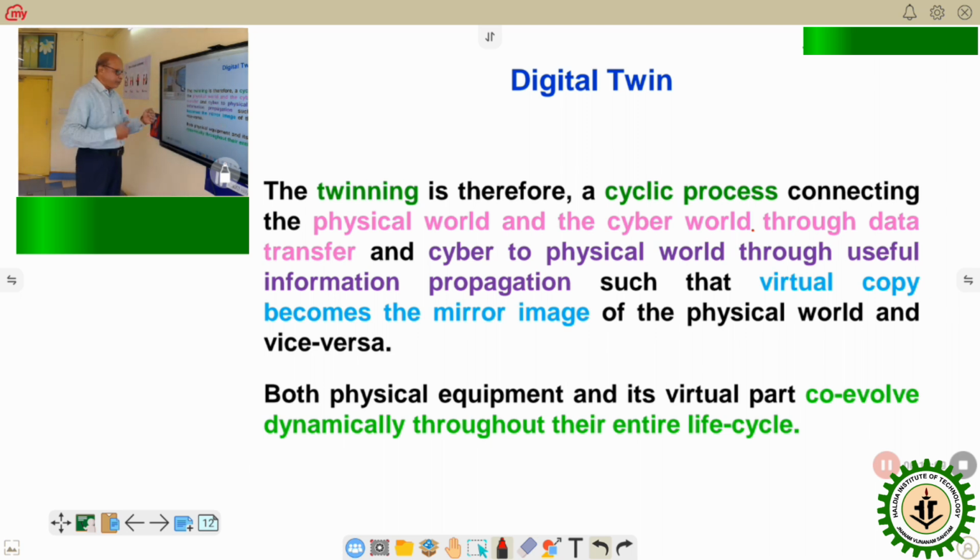That process is basically called the twin. Both the physical equipment and its virtual part co-evolve dynamically through their entire life cycle. It is not for one time. So long as the process continues, so long as the product keeps on evolving, the digital twin will also keep on evolving accordingly.